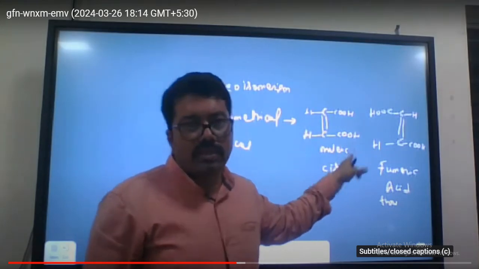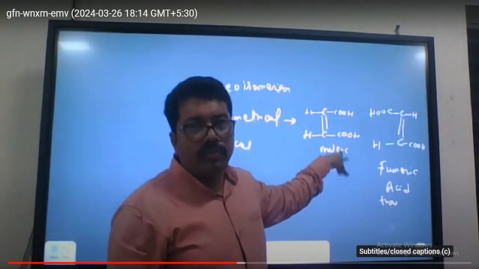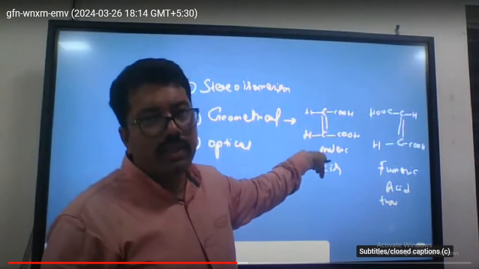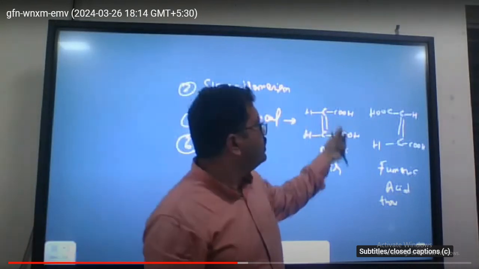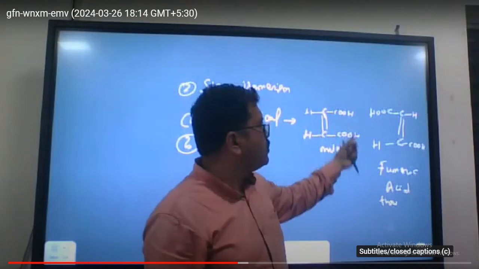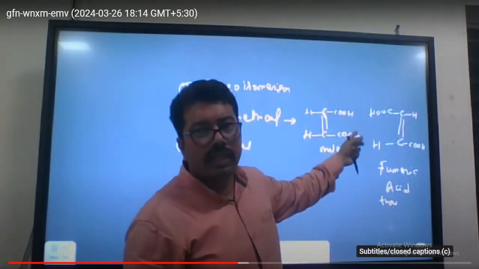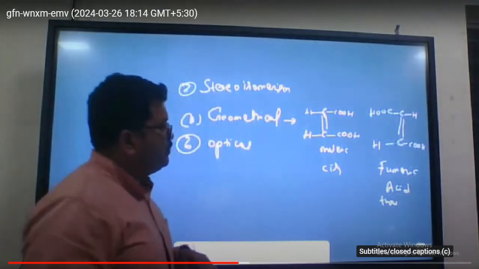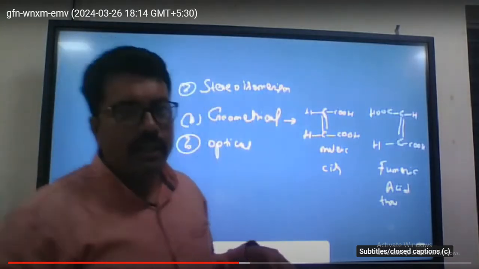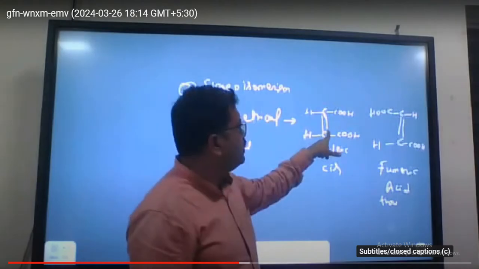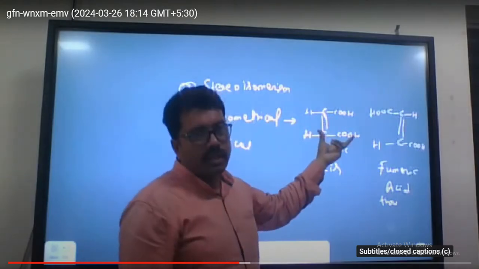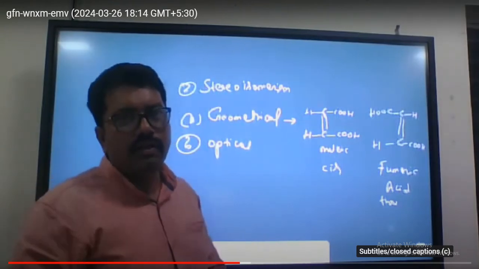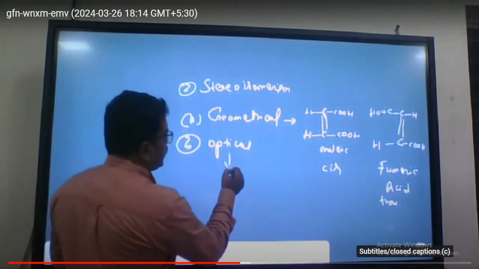The two atoms or groups attached to each double bond carbon atom should be different. If one of the two double bond carbon atoms carries two identical groups, then the molecule does not exhibit geometrical isomerism. That is, a double bond must be present, and with a double bond there is no free rotation. So this is called cis-trans. Next, what is optical?